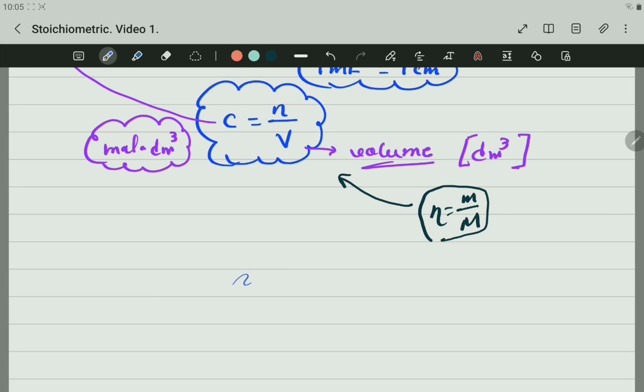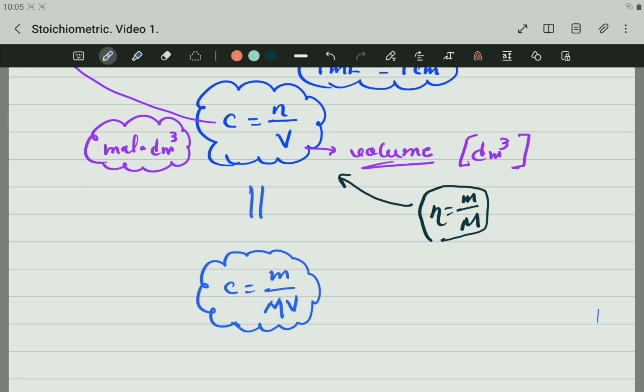That one will be concentration is equal to mass divided by molar mass multiplied by the volume. It's the same, it's just playing with formulas. So this is the same formula, but in one of them you have the number of moles and in the other one it is in terms of the mass. So you can use either one, it doesn't really matter.